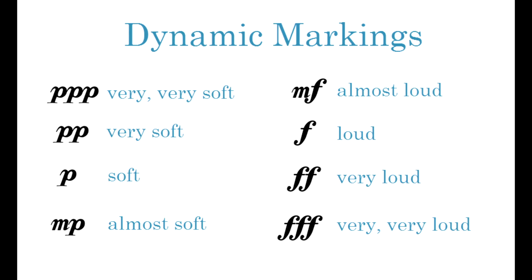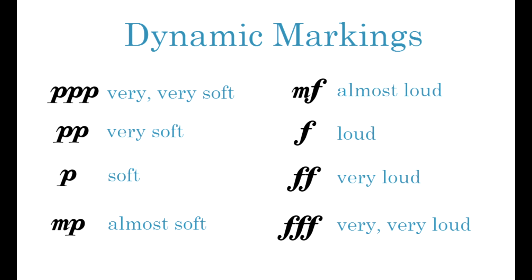Dynamics indicate the level of volume at a certain point in time for that music. The volume level will be changing according to the definition of the dynamic word used. PPP stands for pianississimo, which is very, very soft.